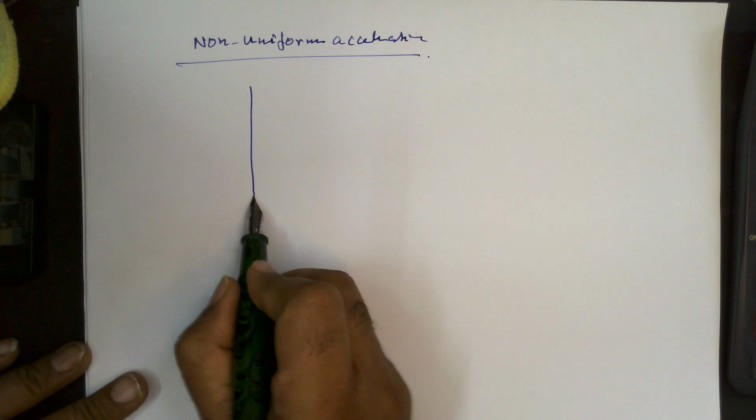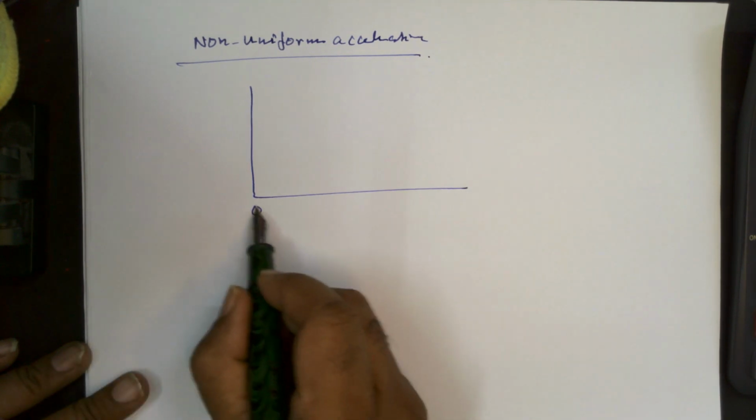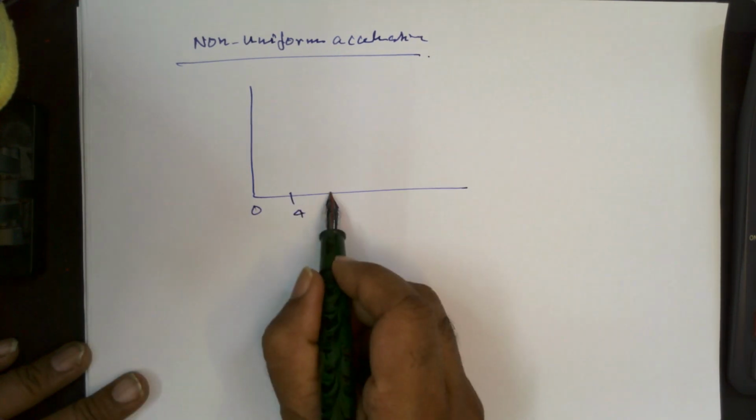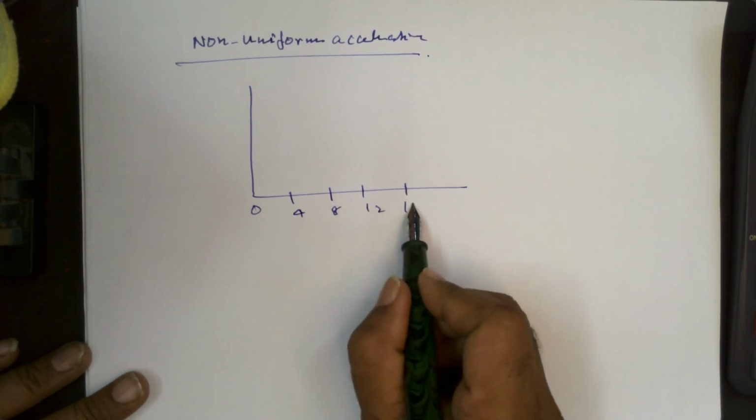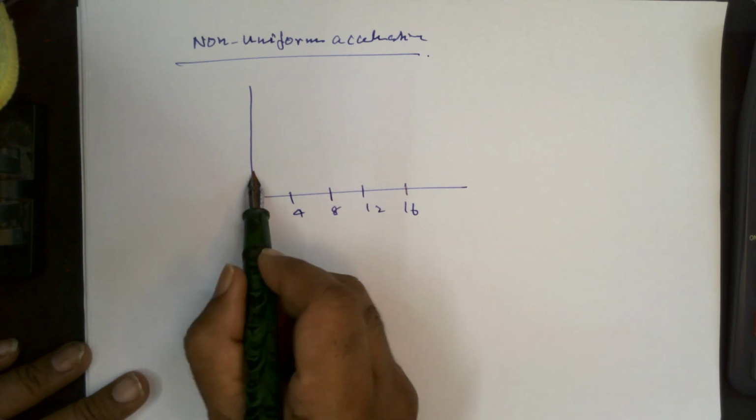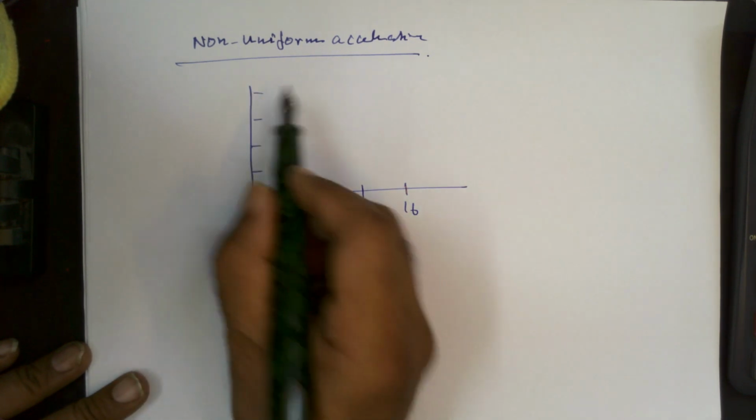So let us represent this by a graph. So it starts from 0. Let us put 4, 8 second, 12 second, and 16 second like this, and 10 kilometer, 20, 30 like that.